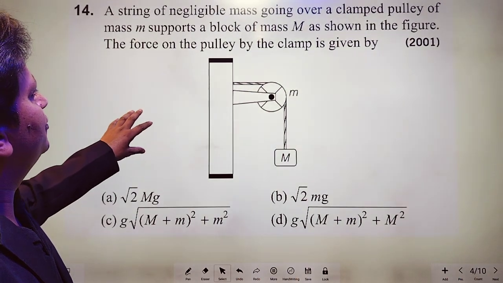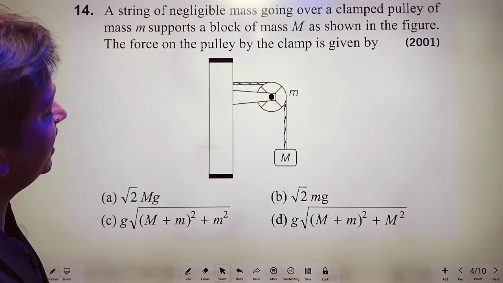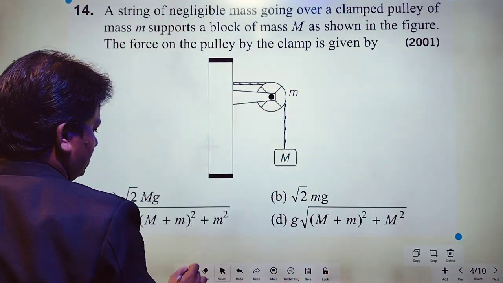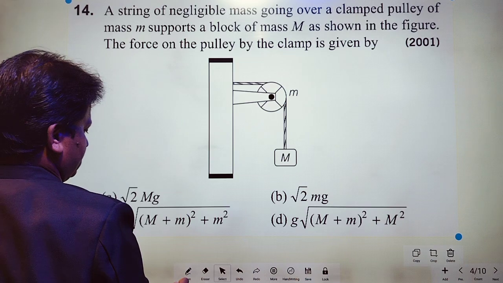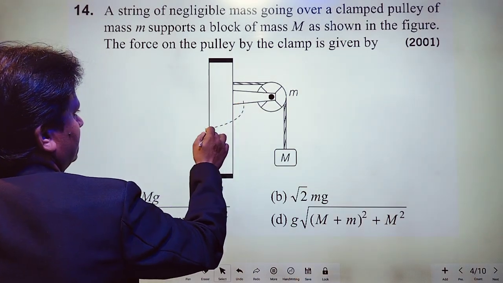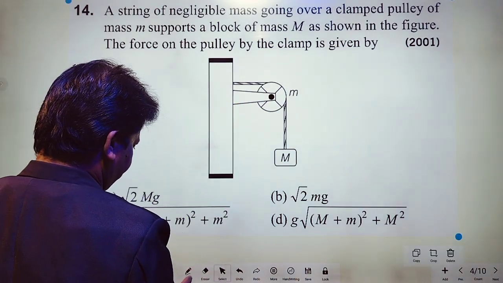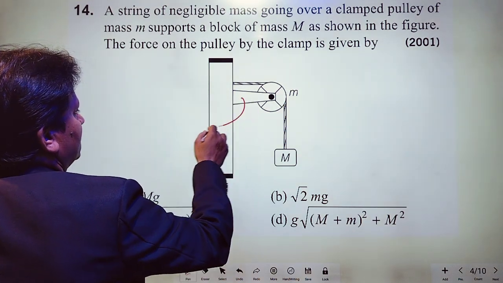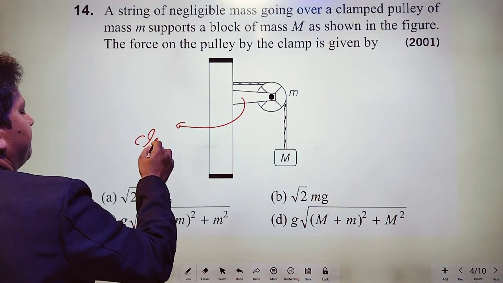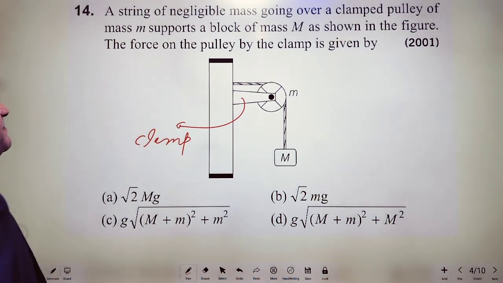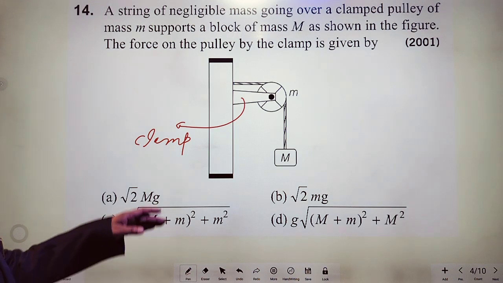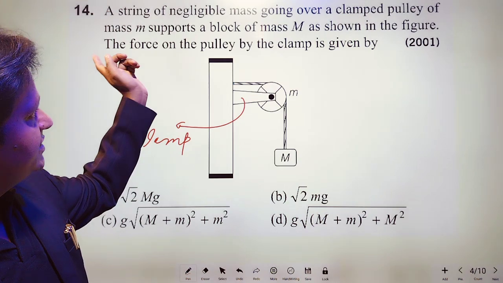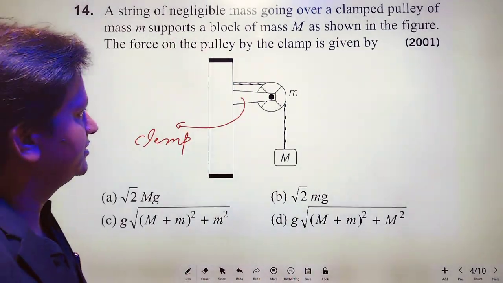This is the clamp. We have to find the force exerted by the clamp on the pulley.